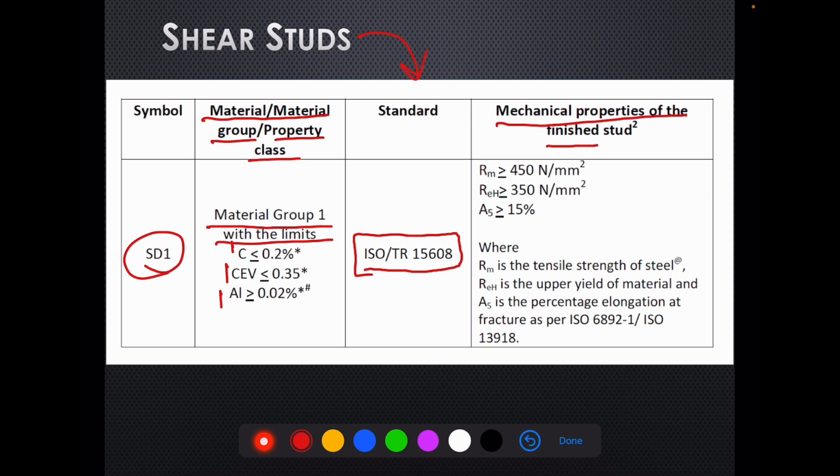These are the mechanical properties of finished studs. Rm is the tensile strength of steel, REH is the upper yield of the material, and A5 is the percentage elongation at fracture as per ISO 6892-1 and ISO 13918.